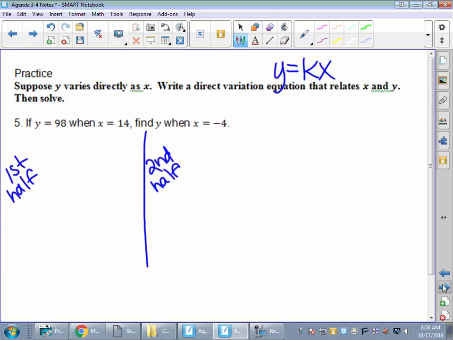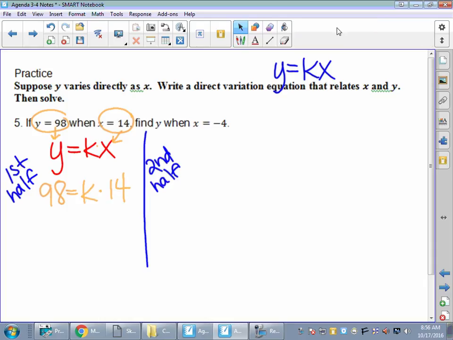Now we can do some different things with this, but I think the easiest way is to start with our y equals kx. I drew myself a halftime line there, and it says y is 98 when x is 14. Let's put those numbers in there. 98 equals k times 14.